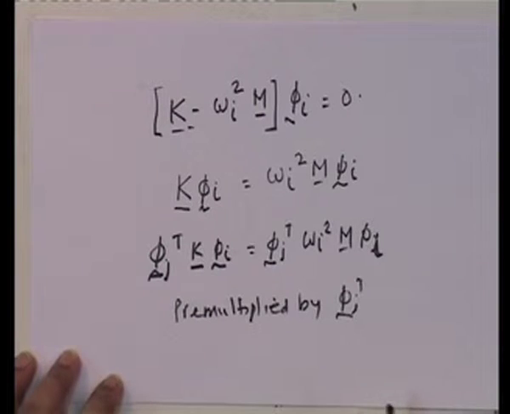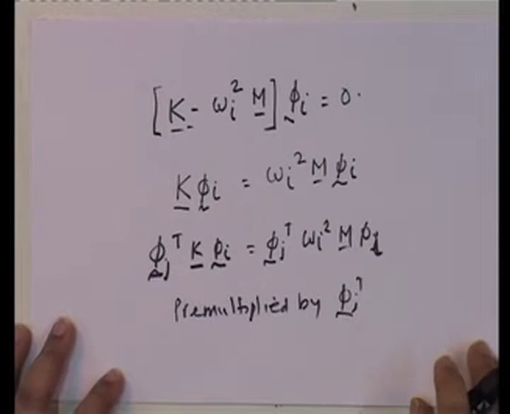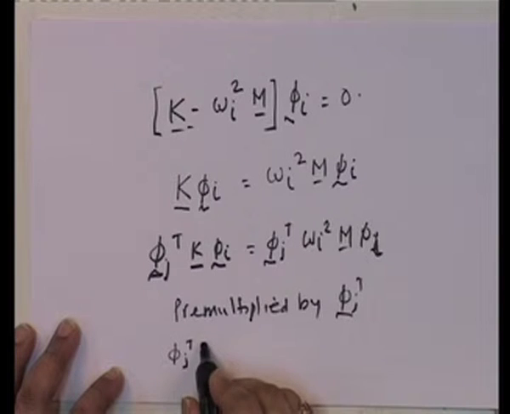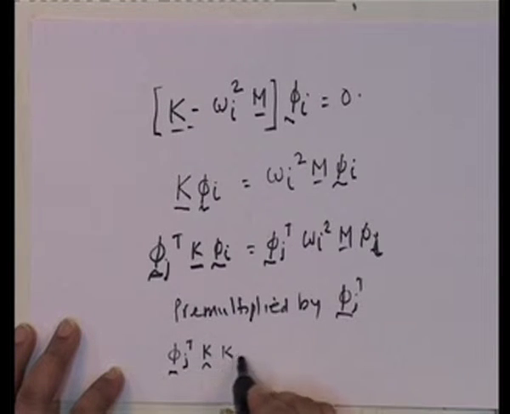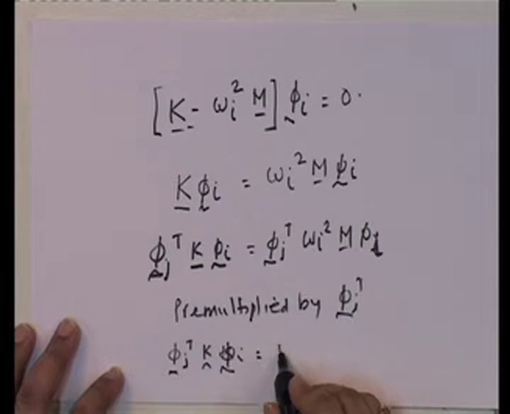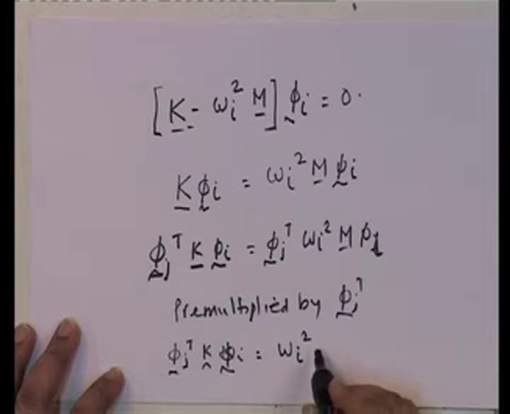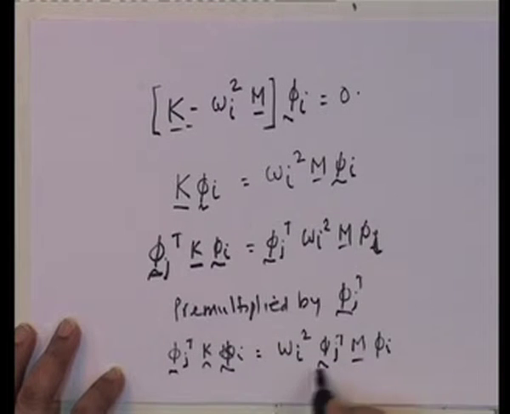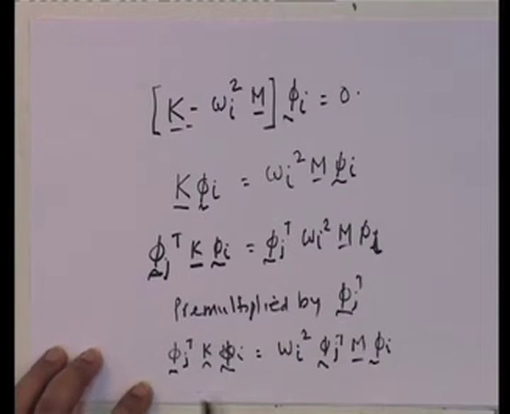So this becomes phi j transpose k phi I is equal to omega I squared phi j transpose m phi I. What is this thing?